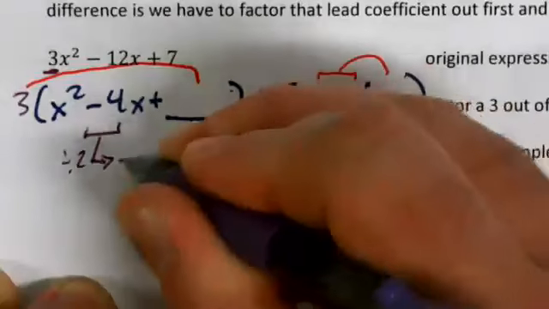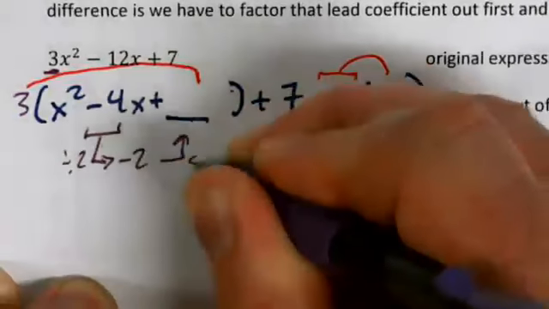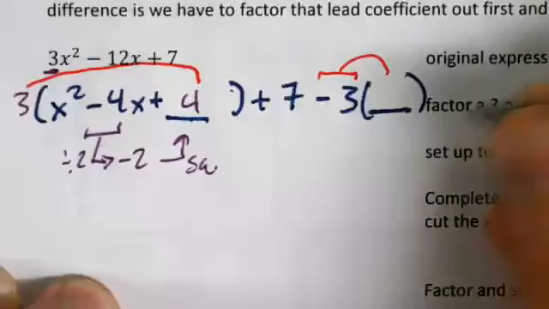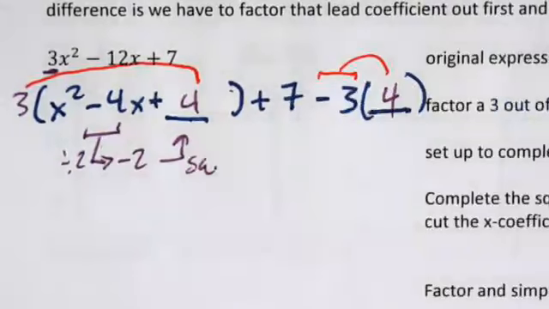Divide by 2 gets us negative 2. Square that gets us a 4. We're going to fill that in both spots.